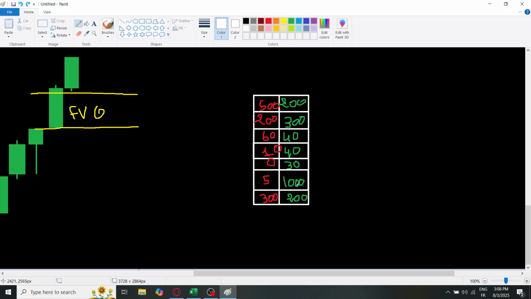You can see that 1000 is more than 3 times, and here is a strong level for buyers. 30 is more than 3 times 5, here is another strong level. 40 is more than 3 times 0, another strong level. And here is another strong level. And 300 is, let's say, more than 3 times 60, another strong level.